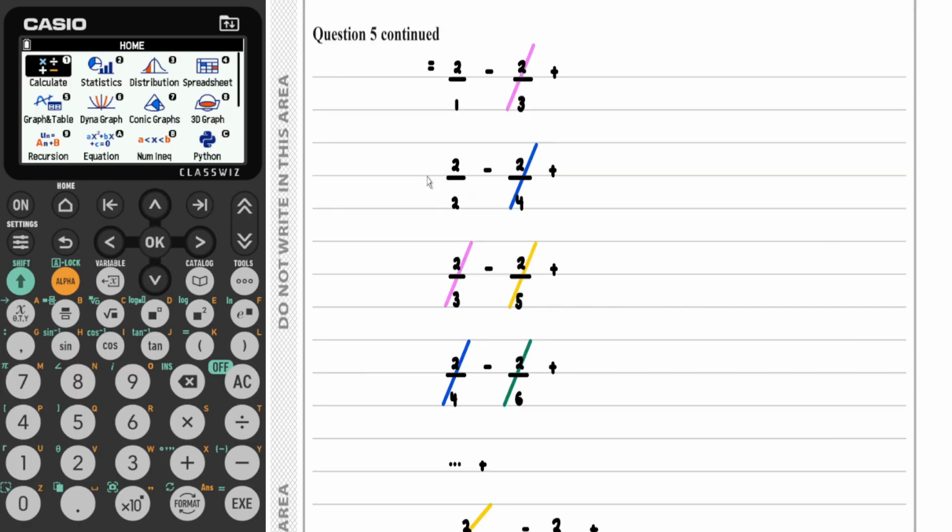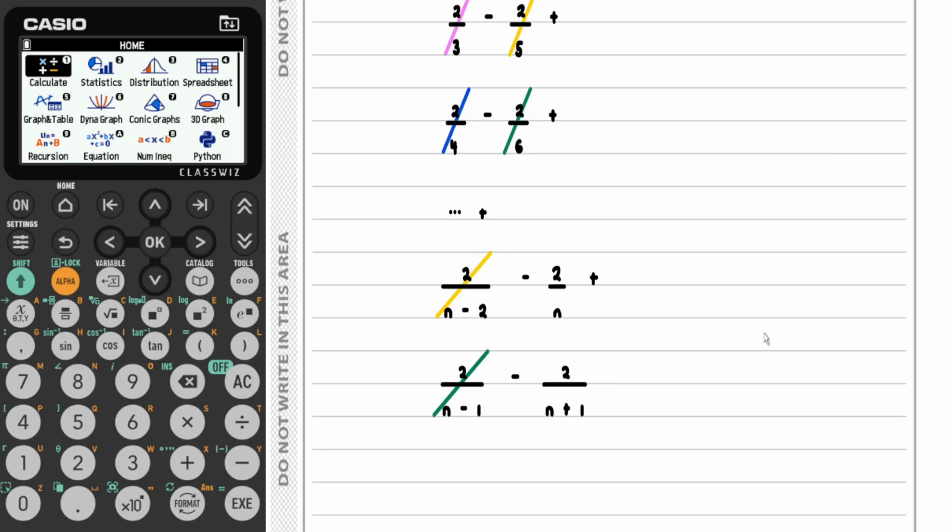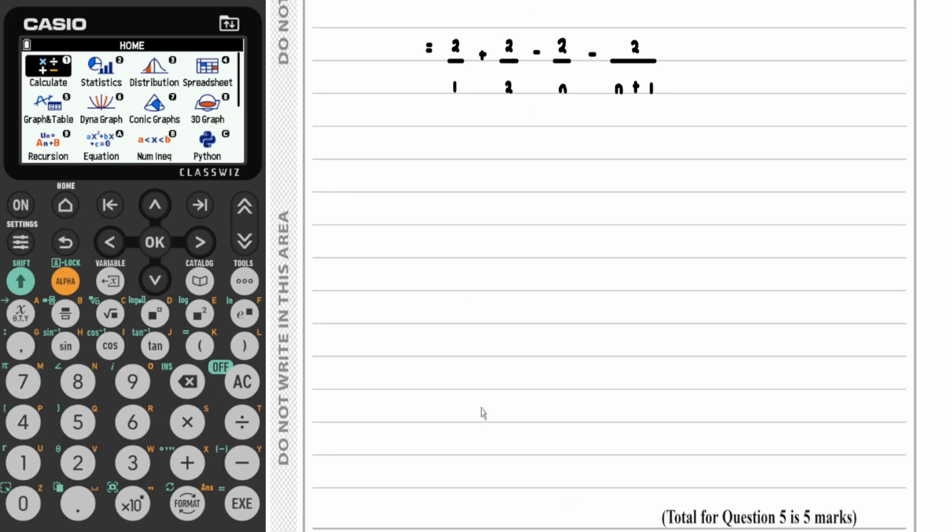So in terms of what we have left over, we've got the 2 over 1 added to the 2 over 2, which is then added to negative 2 over n, which is then added to negative 2 over n plus 1. So we've got 2 over 1 plus 2 over 2, subtract 2 over n, subtract 2 over n plus 1.